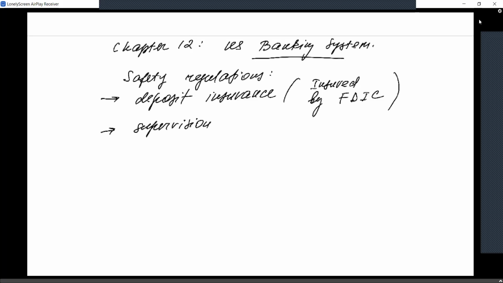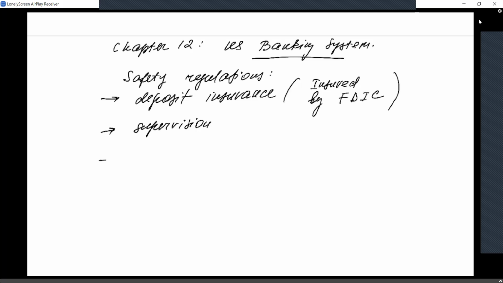Another measure to keep commercial banks straight, not to get engaged into risky activity with our money, is continuous supervision. About once every month, somebody from the central bank comes down to check on how regular commercial banks handle daily transactions.